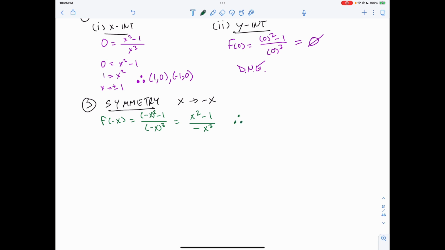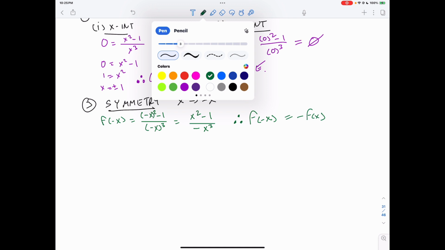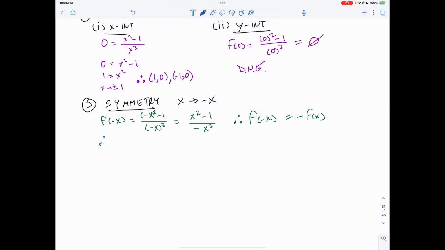So because f of negative x is the same as the negative f of x, this is going to be odd and be rotationally symmetrical.